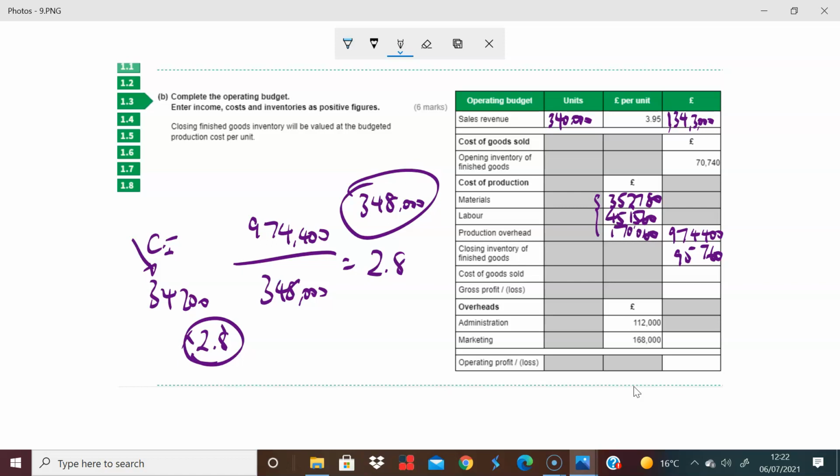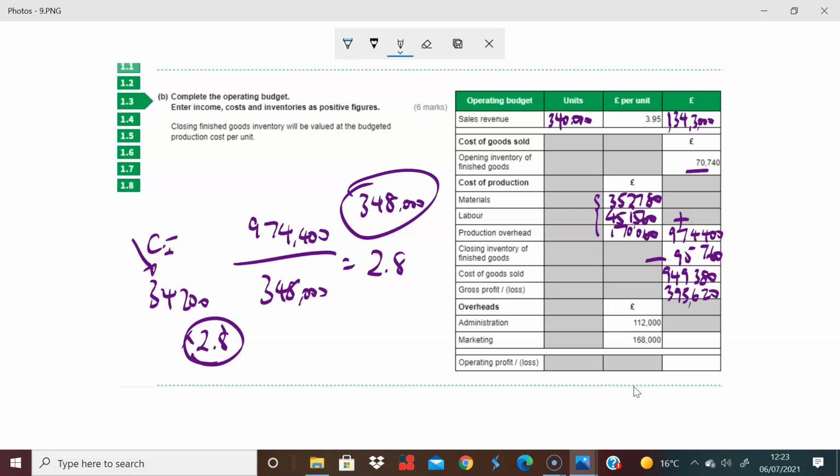So in terms of cost of sales, we have opening inventory, plus production, minus your closing inventory, and you have a cost of goods sold of 949,380. When you subtract this from the sales revenue, your gross profit is 393,620.